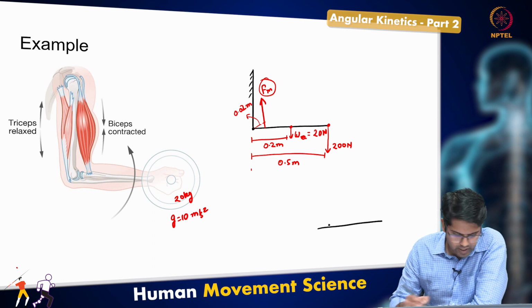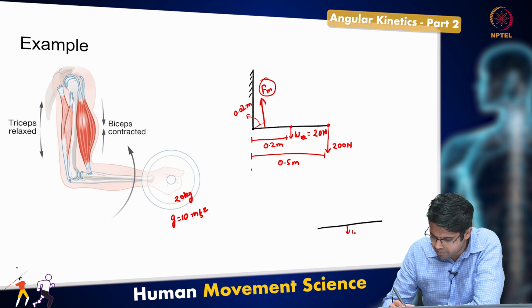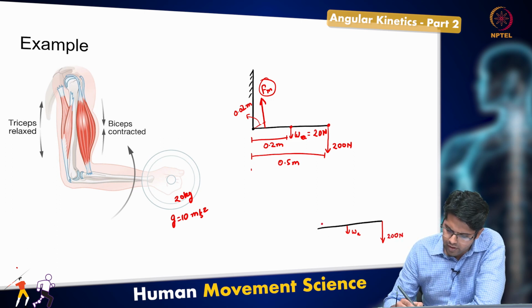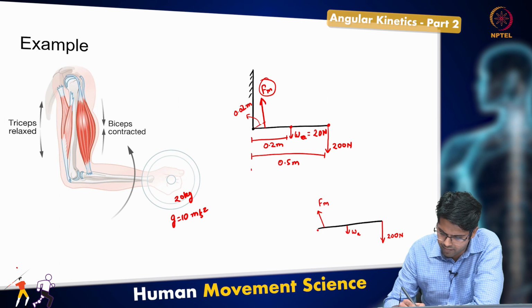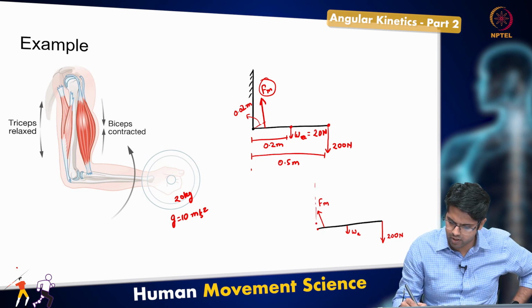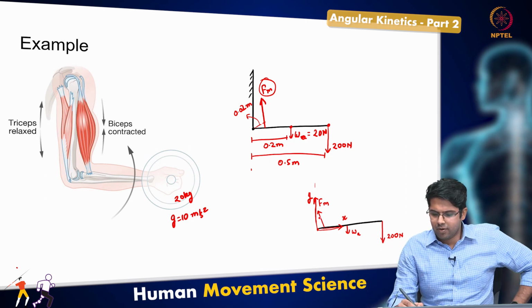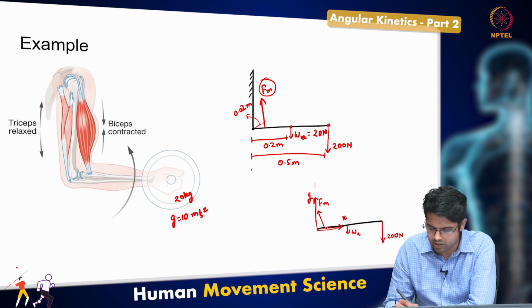So I have the weight of the arm, the weight of the dumbbell, the force acting, and let's say this is my coordinate system.